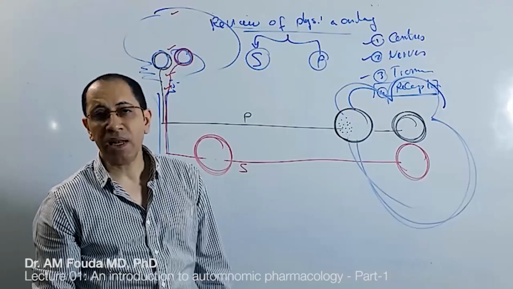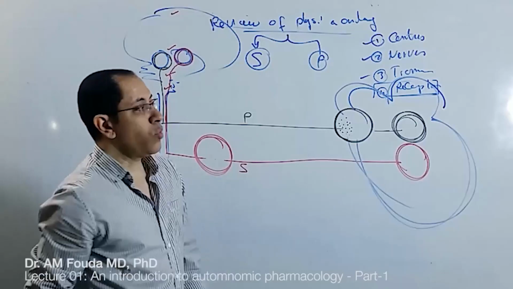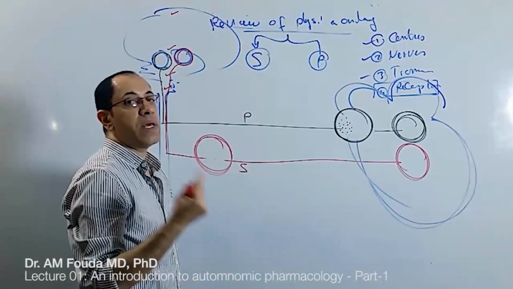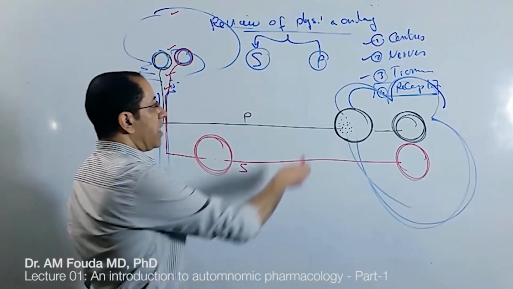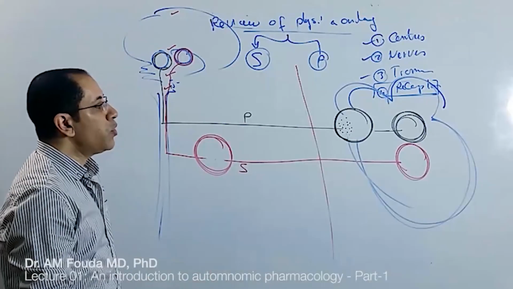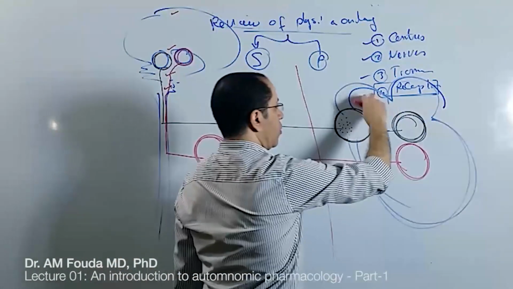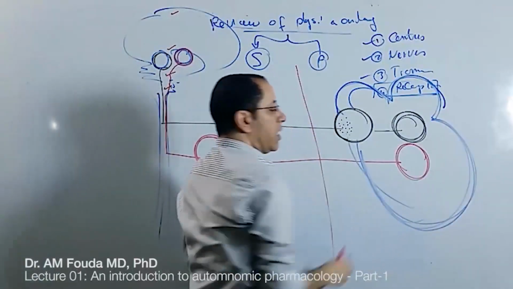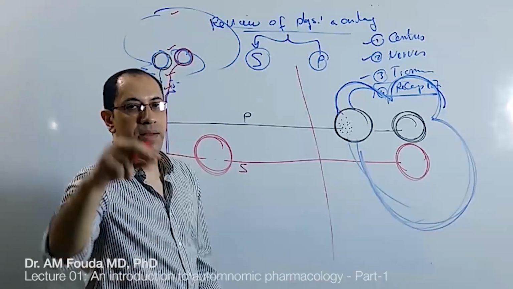The drug can act upon nerve terminals, either sympathetic or parasympathetic. And it can also act on a receptor, and that is reasonable, because nerve terminals act by releasing transmitters that activate receptors, so the drug can indeed act on a receptor.